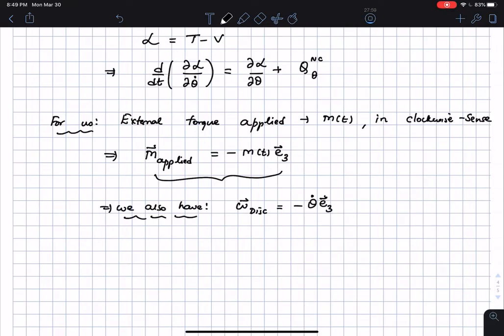Now, if we have a torque, this is how we compute the non-conservative generalized torques.